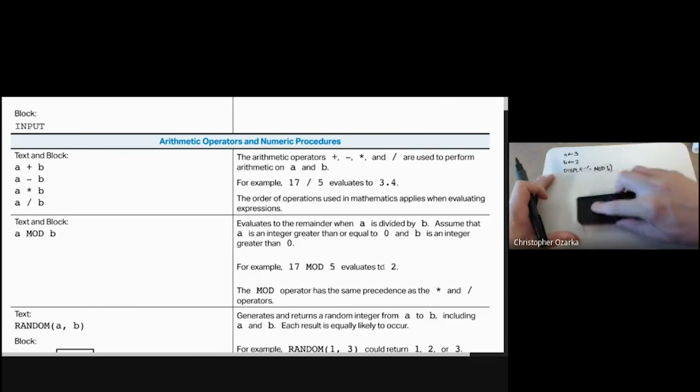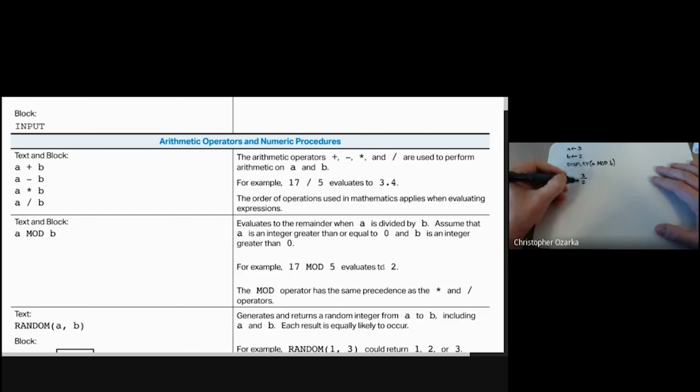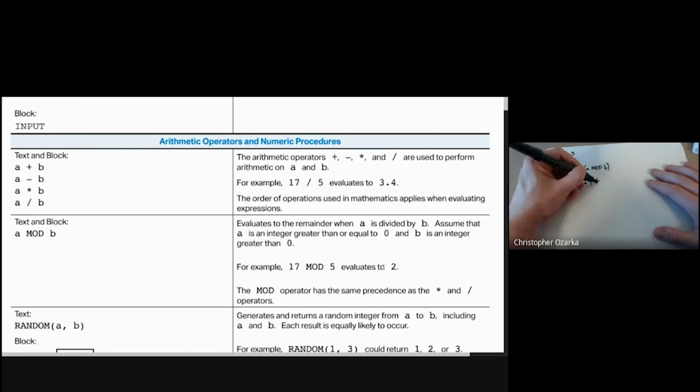Say you did not want to do the long division. I'm going to show you another way. Say you were doing A mod B. That's 3 divided by 2. What you could do is just do 3 divided by 2 and write it as a mixed fraction. So 3 divided by 2 is 1 and 1/2. This 1 right here is actually the remainder. So A mod B would still print out that 1.